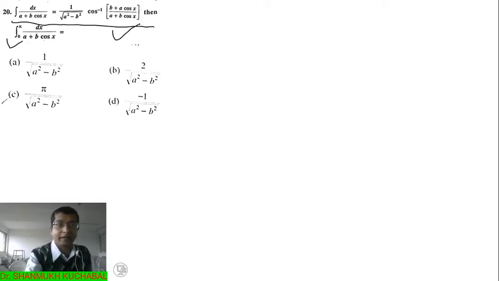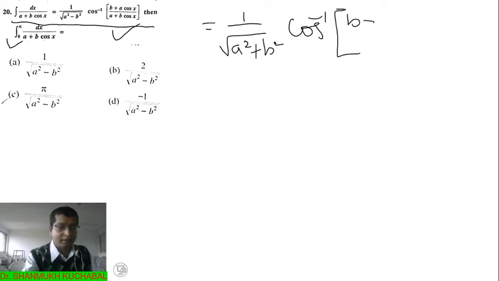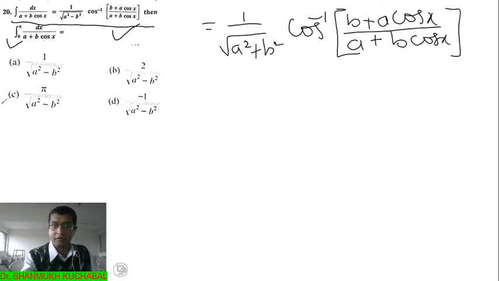So the answer for the given integral is 1 divided by under the square root of a square minus b square, and cos inverse of b plus a cos x divided by a plus b cos x. Dear students, we have taken the integral and it is a definite integral, so we have taken upper limit and lower limit.